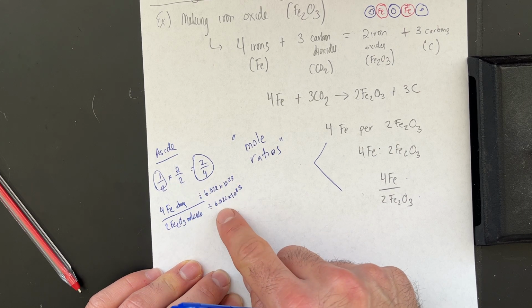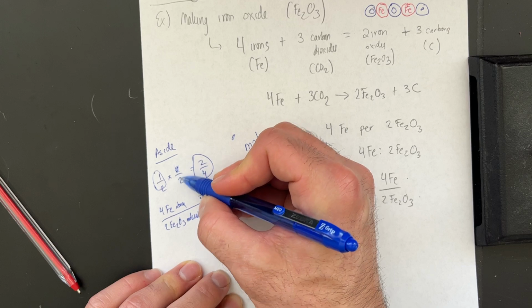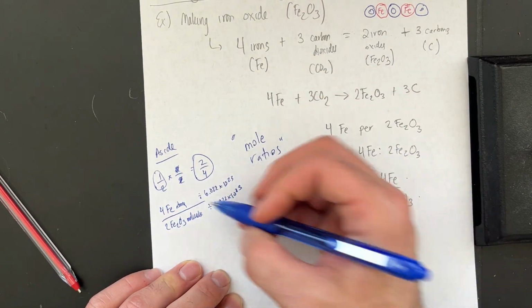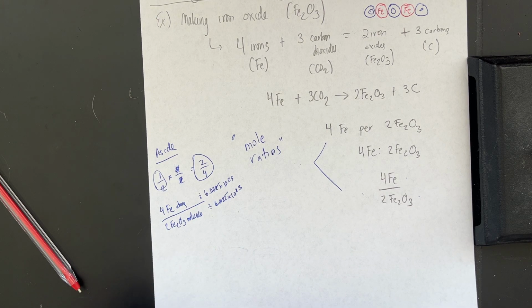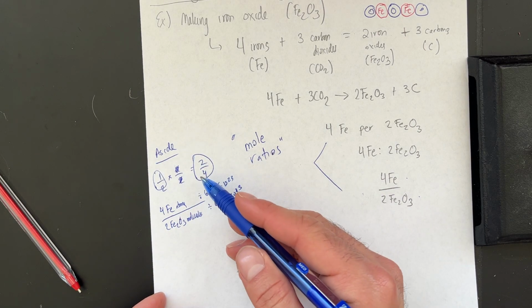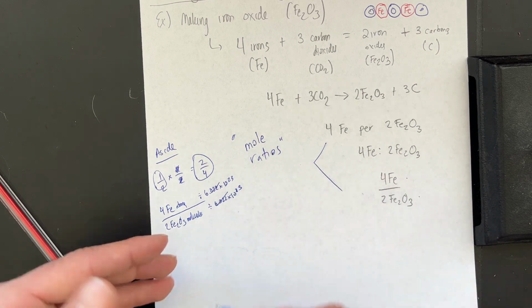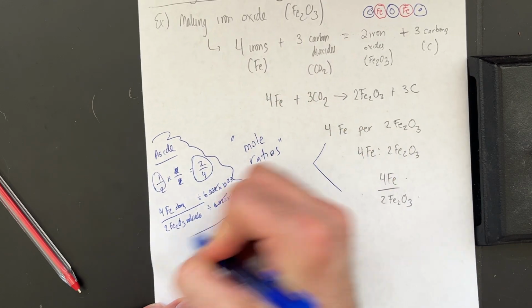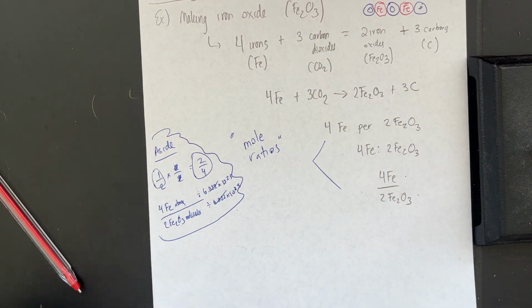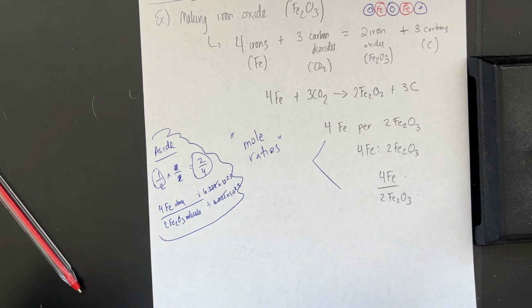Here I'm dividing both by 6.022 times 10 to the 23. So really, this didn't matter because we did the same thing and it canceled out. Similarly, going from atoms and molecules to moles, we'd have the same thing. So the mole ratio is the molecule ratio or atom ratio. That's just an aside for you guys. If some people ask me why it's called the mole ratio, we're talking about molecules and atoms. So that's why.